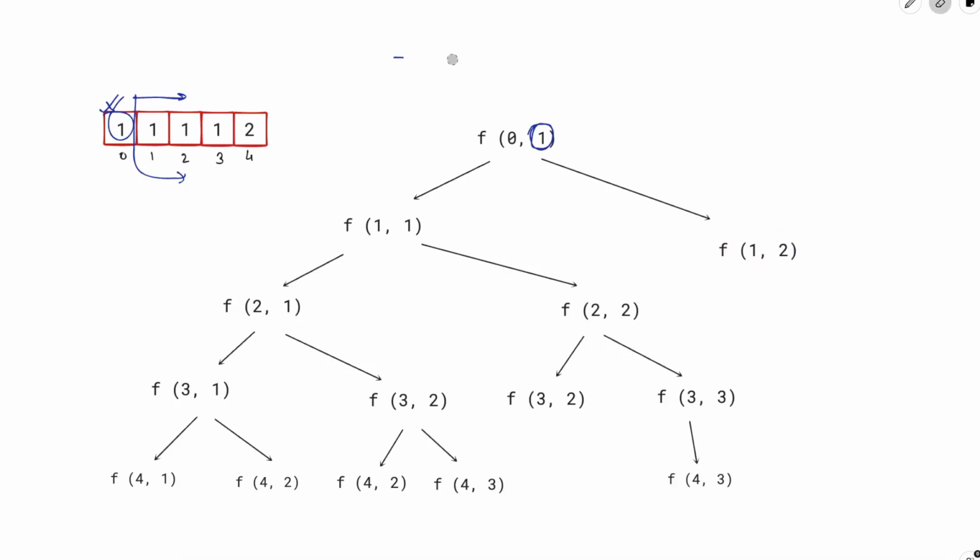So let's now calculate the value of f of 1, 1. Starting at this particular index, I wanted to find out the maximum consecutive sequence I can make given the first element is 1. Again here you will do the same thing. Either you will take this element or you will not take this element. Now if you don't take this element, the answer is simple, f of 2, 1, right? But if you take this element, you have to first check whether it is possible to take this element or not.